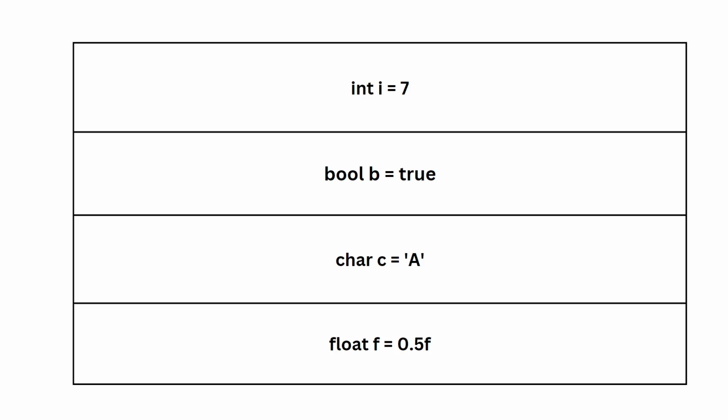Here, just for an overview, you can see a variable i, which uses the data type int and has been assigned the value 7. After that, you can see a bool variable b that has the value true. The char c has the value 'a' and the float f has the value 0.5.